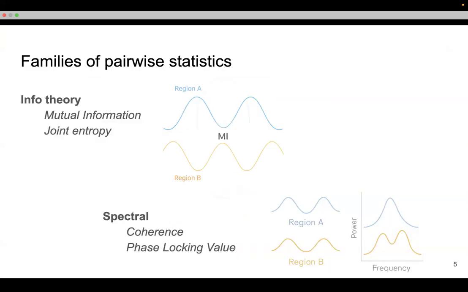There are 6 families. The fourth one is based on information theory. It's basically all the stuff about information entropy, joint entropy and mutual information between different sets of data, and so on. And the last one is spectral. It's based on the decomposition of signals over the frequencies and comparison of their energy in different frequency bands, or just comparison of their phase locking, or that kind of thing.